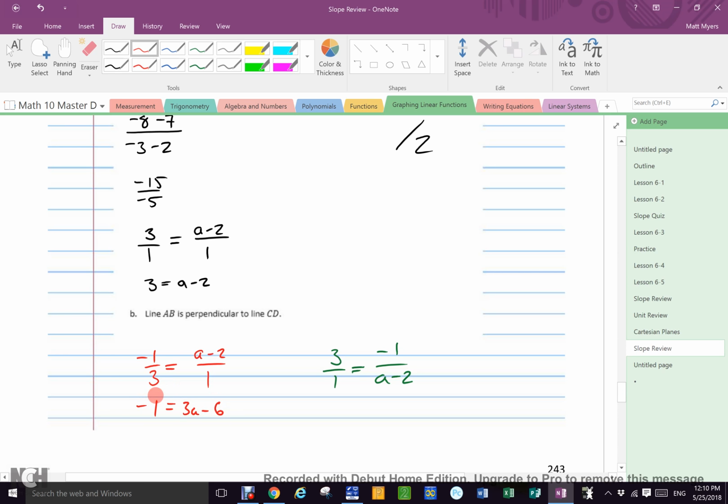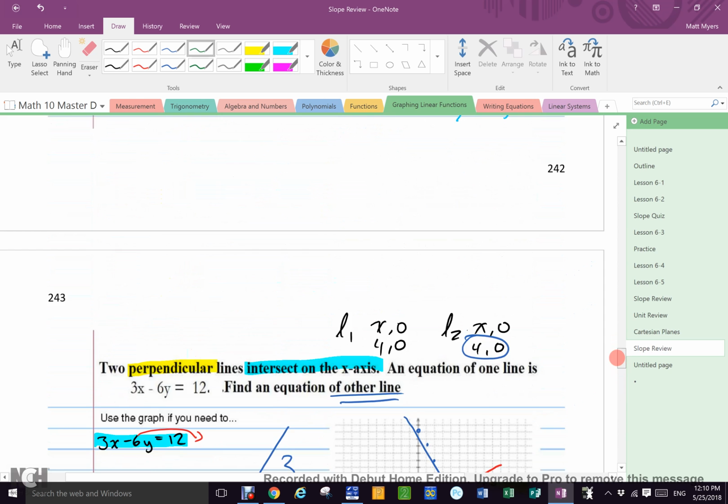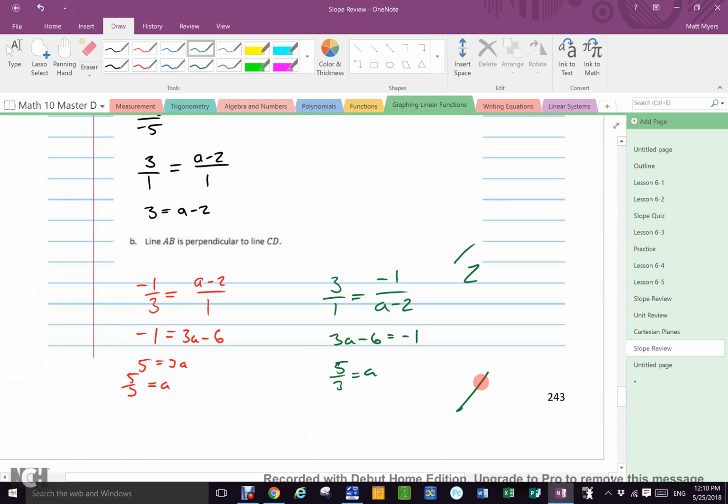Bring the 6 over. 5 equals 3a. A equals 5/3. Right? Go to the other one. 3a minus 6 equals negative 1. See how it's the same thing? I'm still going to get 5/3 equals a for 2 marks, making that page out of 7.